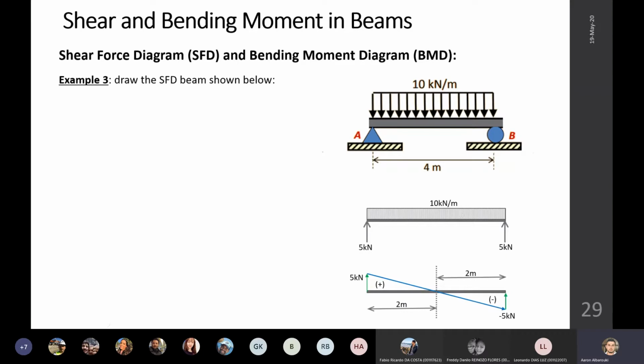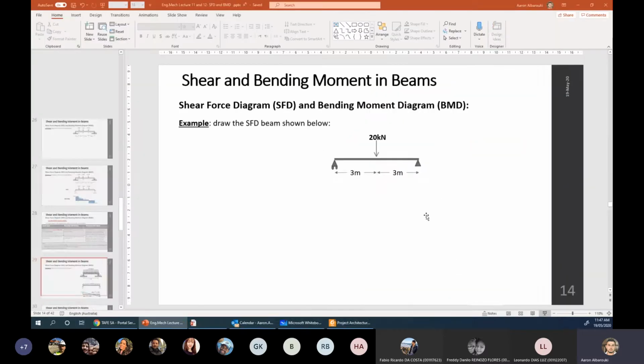As we just said, any forces acting downward are negative. That's why the direction here is going downwards. The uniformly distributed load is a straight line, and it will make a diagonal line. The sign is negative here.